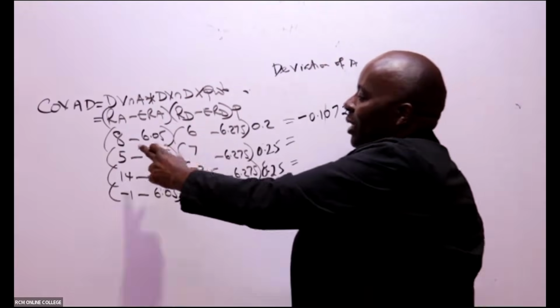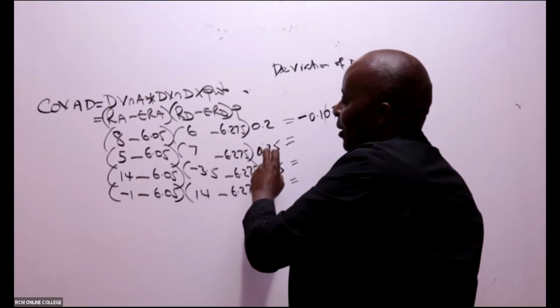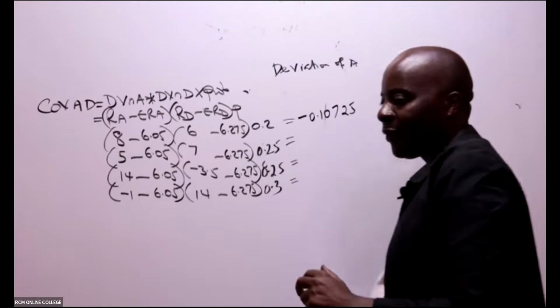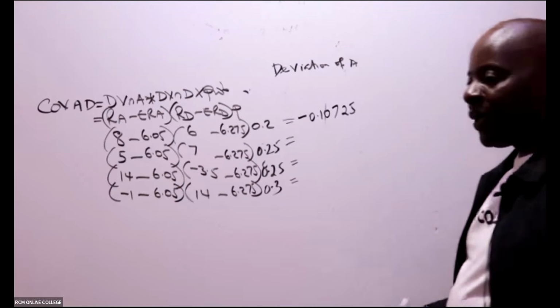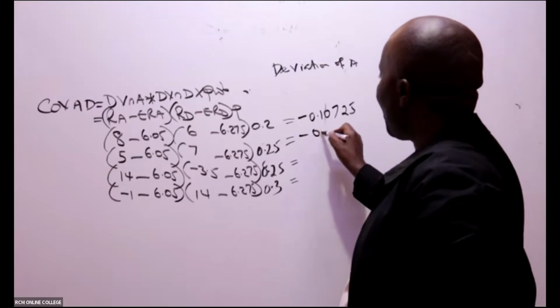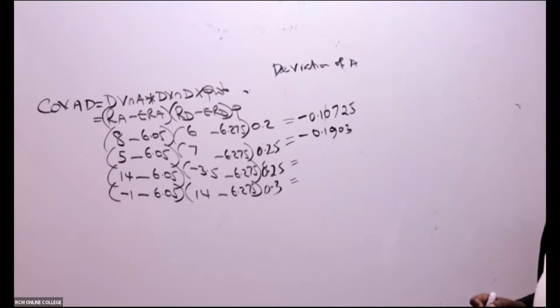Go to the second one. Open bracket here, 5 minus this, close, times open bracket here, 7 minus this, close, times 0.25. So the second one, what do we have there? Negative 0.1903. Good, we are doing very well.